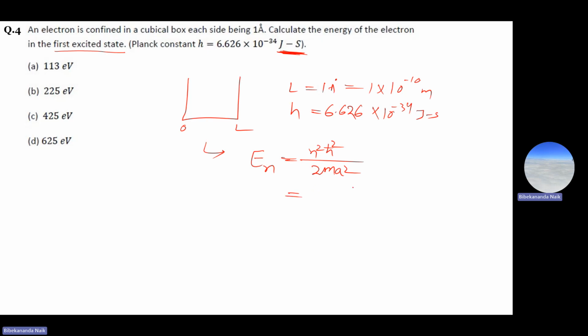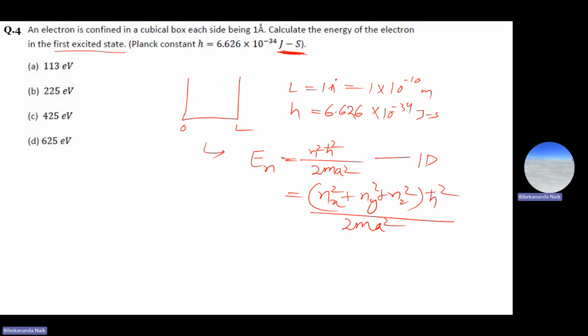Here the question is given in a cubical box, so we will use the formula for a three-dimensional box. This n square in 1D gets converted in the three-dimensional case to nx square plus ny square plus nz square, then h cross square divided by 2m a square.